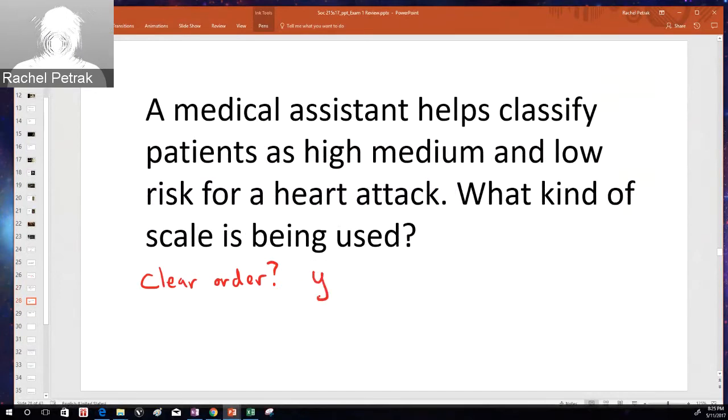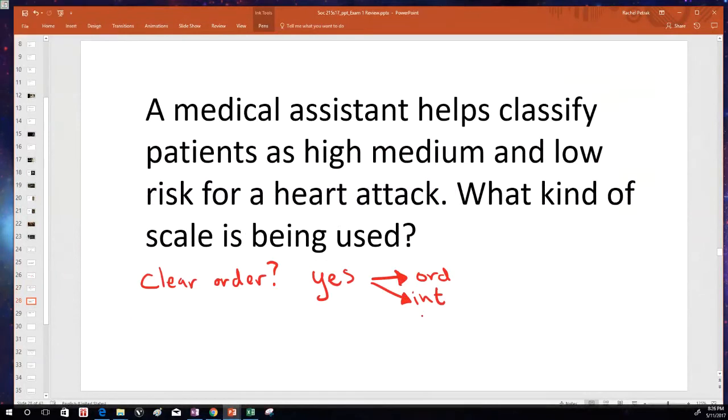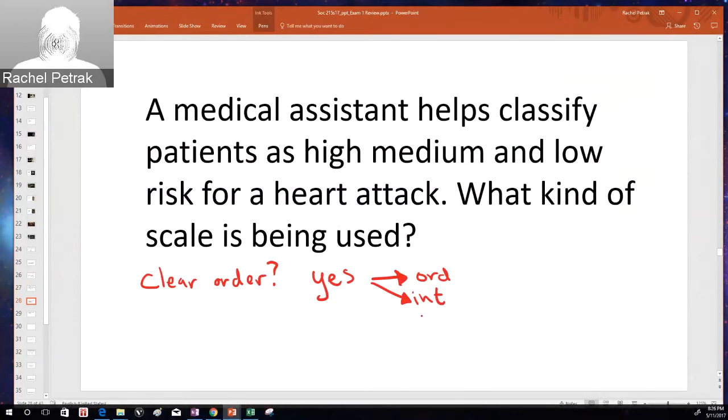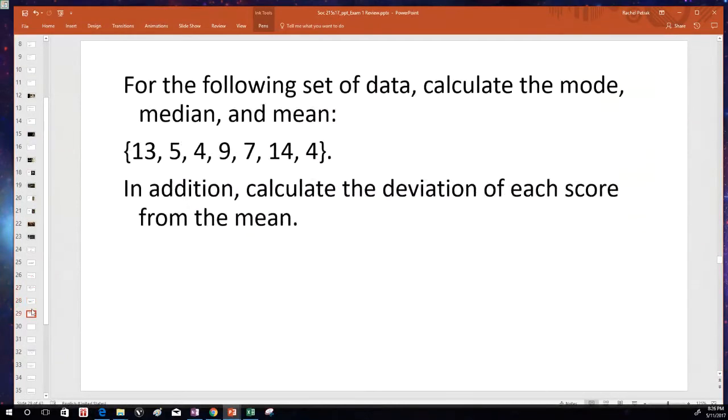So since, yes, there's a clear order, it has to be ordinal or interval. Is the difference between high and low the same as the difference between low and medium? Well, we don't know for sure here. So we're going to say it's ordinal.